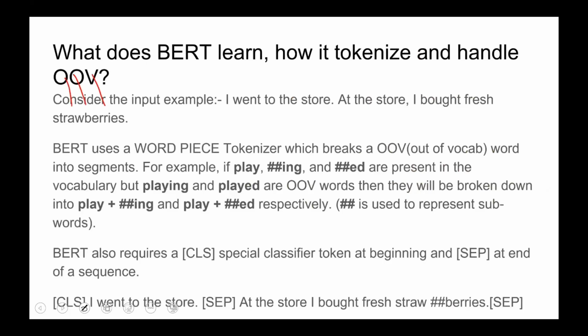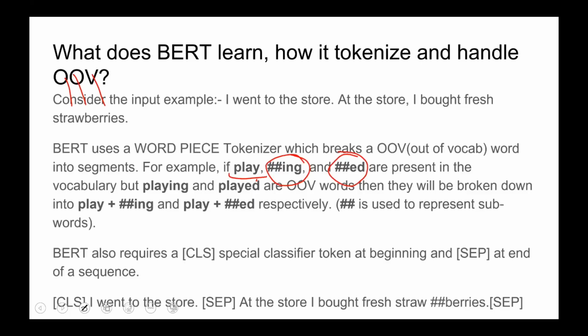That means it is not present in the dictionary, or it may happen that it is present in the dictionary but its form is not present. So if play is present, then it may happen that playing is not present. So I'll simply say play is there, and then there are different forms of the same word which can be there in the vocabulary.